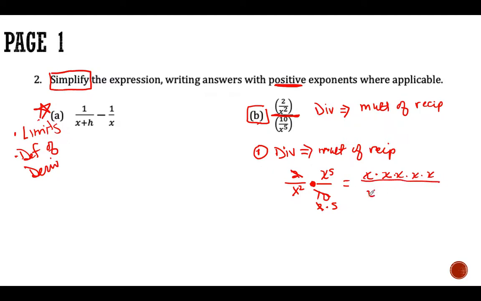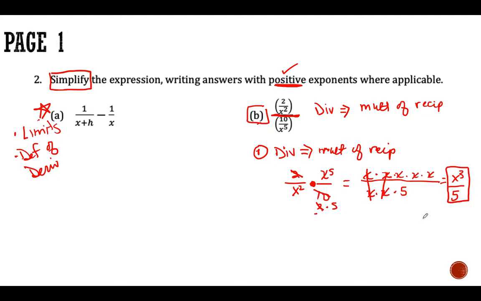And then I have 2 x's in the denominator, and I still have the 5 because I've already canceled out the 2's. X divided by x is 1, x divided by x is 1, and what am I left with? Good. Do I have positive exponents? Good. I'm done.